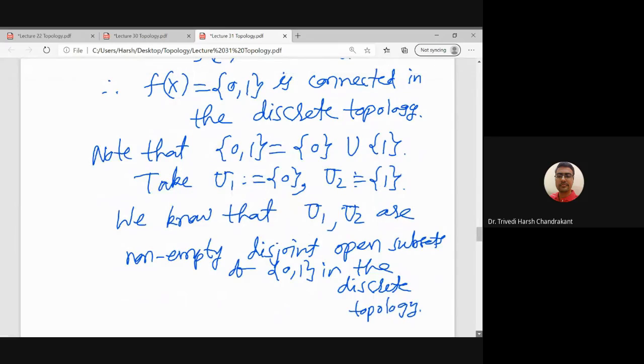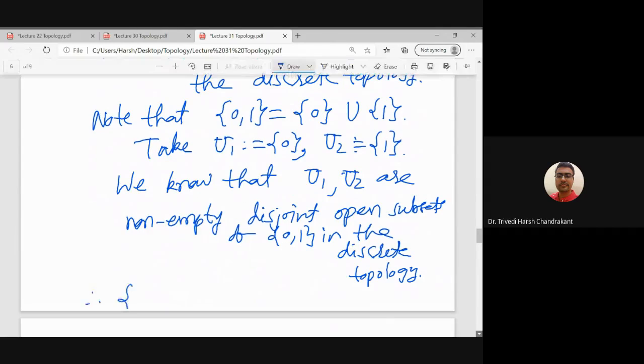So what we proved is that {0, 1} is basically disconnected in the discrete topology.